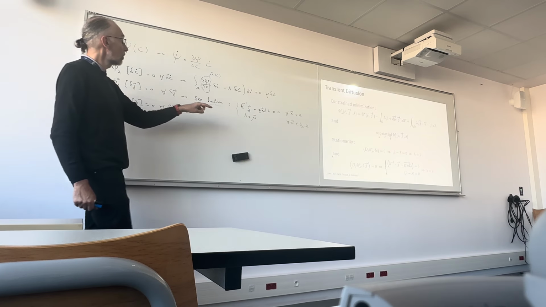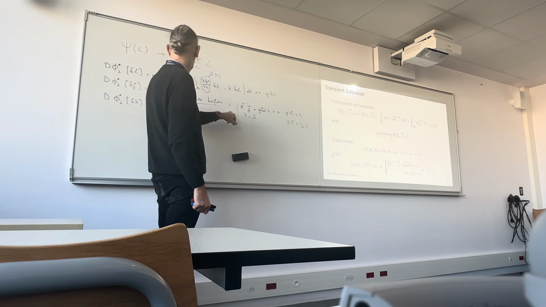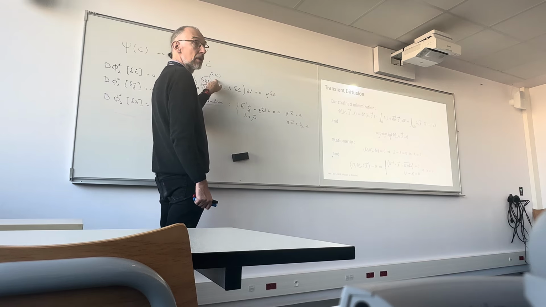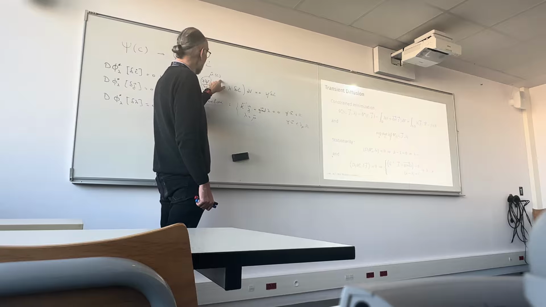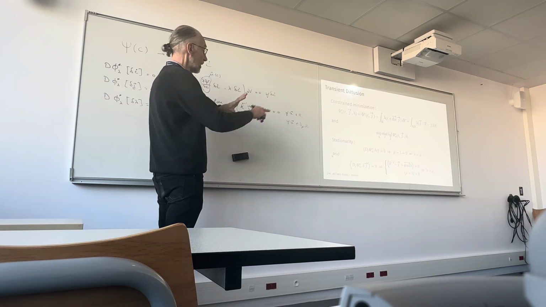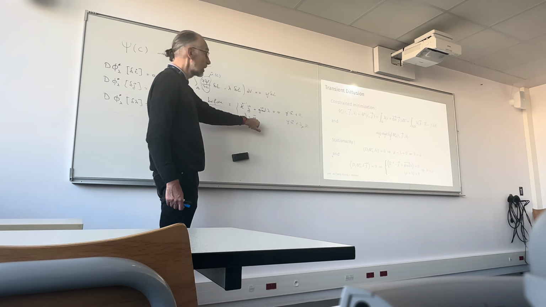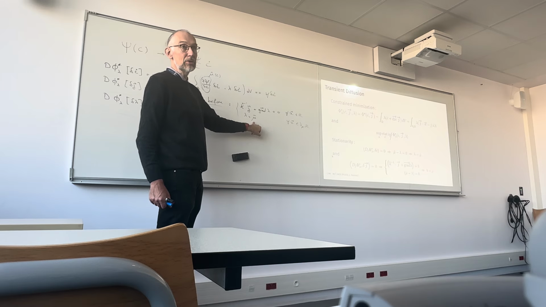So from here, you know that lambda should be equal to the chemical potential. This chemical potential should hold on the domain, and lambda should be equal to the chemical potential on the boundary too.